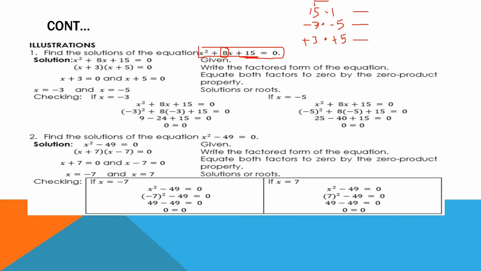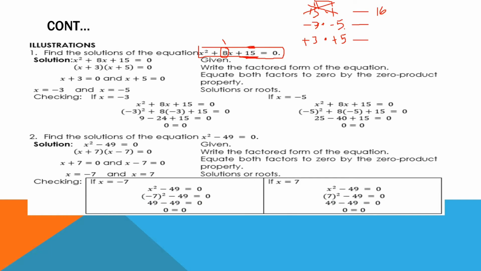So, 15 times 1 muna is equal to 15. So, equal siya sa constant term natin. Pag pinag-add naman natin siya, it is equal to 16. So, hindi siya equal sa 8 natin dito. So, ibig sabihin, hindi na ito yung kukunin natin. So, next naman yung negative 3 and negative 5.